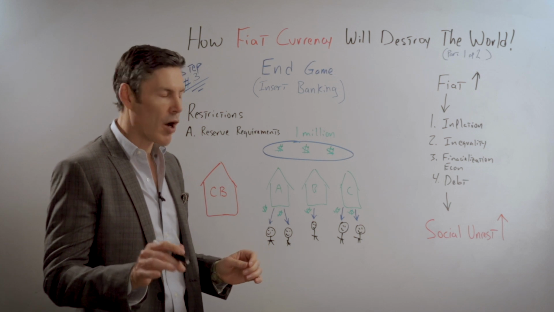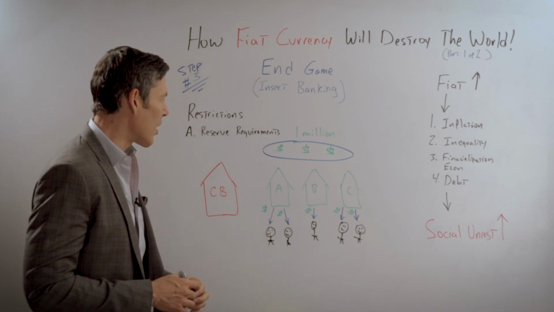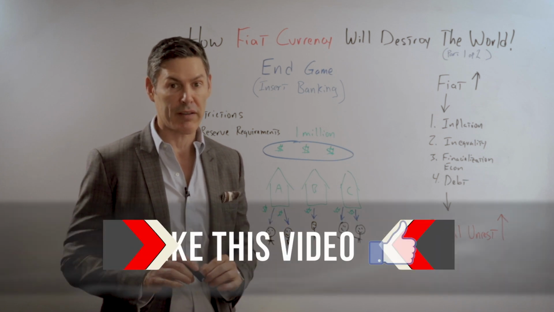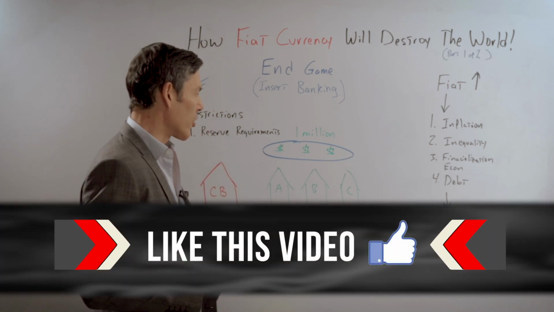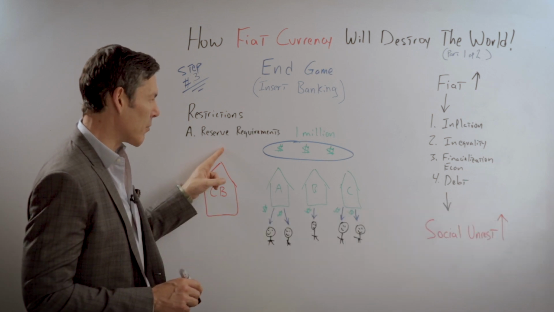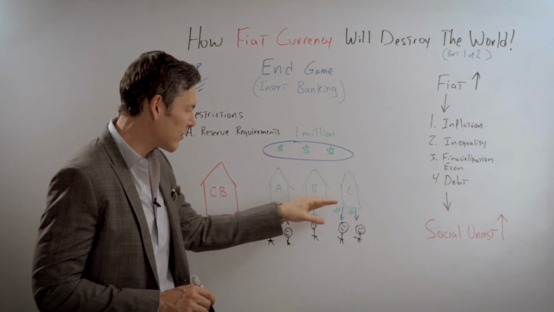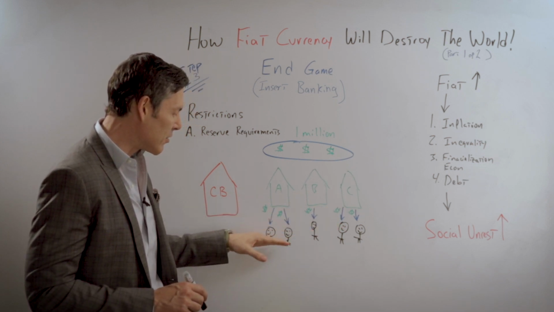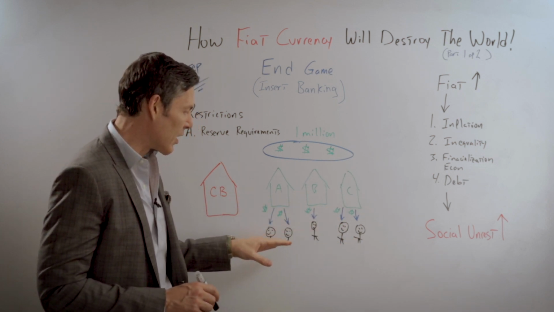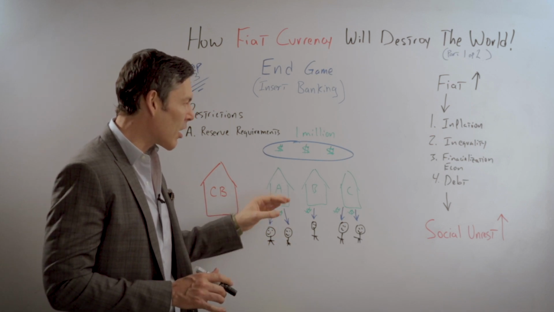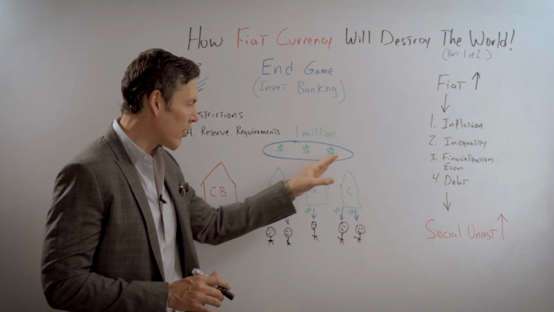Well, most of you are probably saying right about now, thank goodness we've got at least a few checks and balances on our current fiat system. I mean, we've got reserve requirements. So if the banks, we've got bank A, B, and C, they lend to individuals and they create money out of thin air, but they're doing that on a limited pool of money.